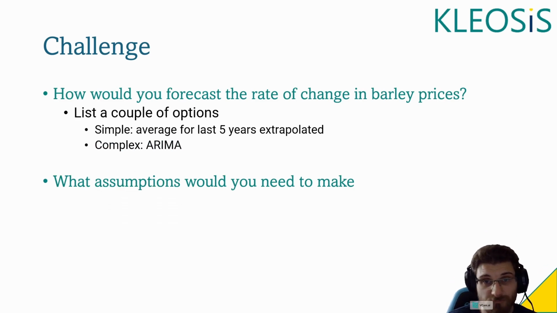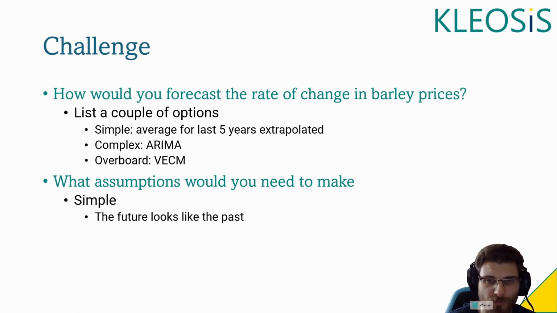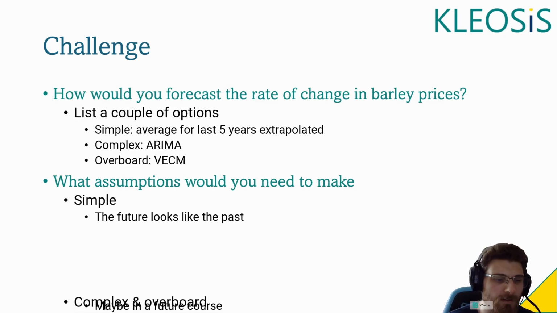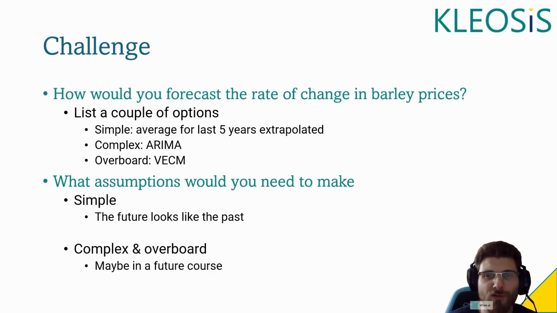And then I could come up with a complex way, which would be an ARIMA model. And an even more complex way, which would be way overboard for this sort of project, would be to fit a vector error correction model. And then for these models, the assumptions I'd need to make, for the simple model, it's really, the future is going to look like the past. And then for the complex and the overboard model, let's not cover that. That might be in some future modules or future courses.